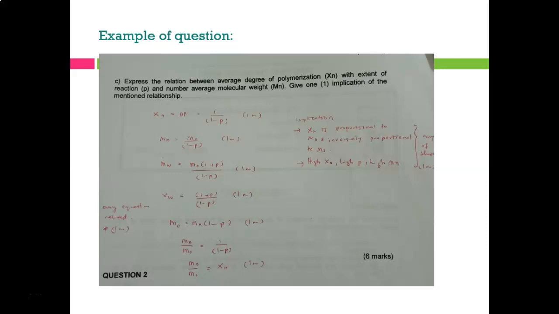And then you come out with the Mn equal to M naught over 1 minus p. So each equation you derive here, you can get 1 mark each. And Mw, which is given by the previous equation, you can get M naught bracket 1 plus p over 1 minus p. So Xw is 1 plus p over 1 minus p.